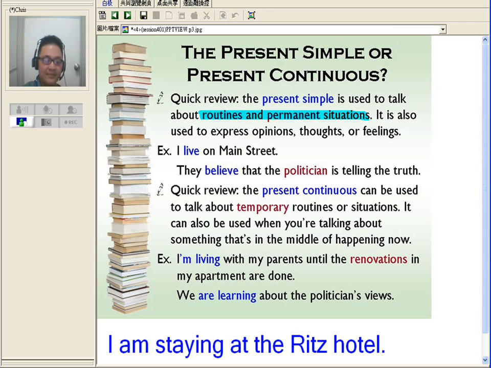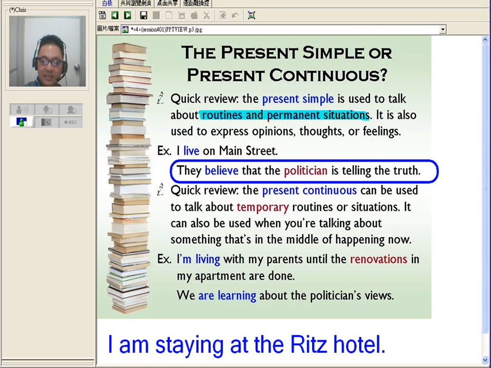So you can say I'm staying at the Ritz Hotel, but where you live is a place you live for quite a long time, and it's something that's going to be for quite a long time. So when we refer to live, we would use present simple tense.